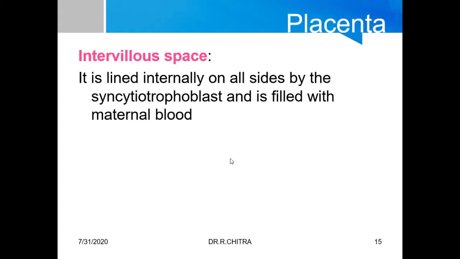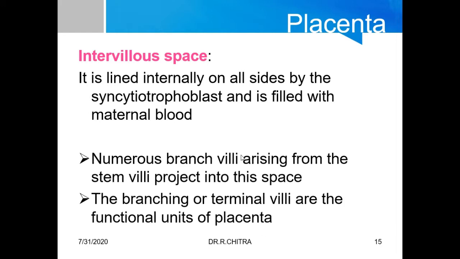The intervillous space is lined internally on all sides by the syncytiotrophoblast, and it is filled with maternal blood. Apart from the stem villi, numerous branch villi arise from the stem villi. They project into this space, so that these branching villi or terminal villi are the functional units of the placenta.